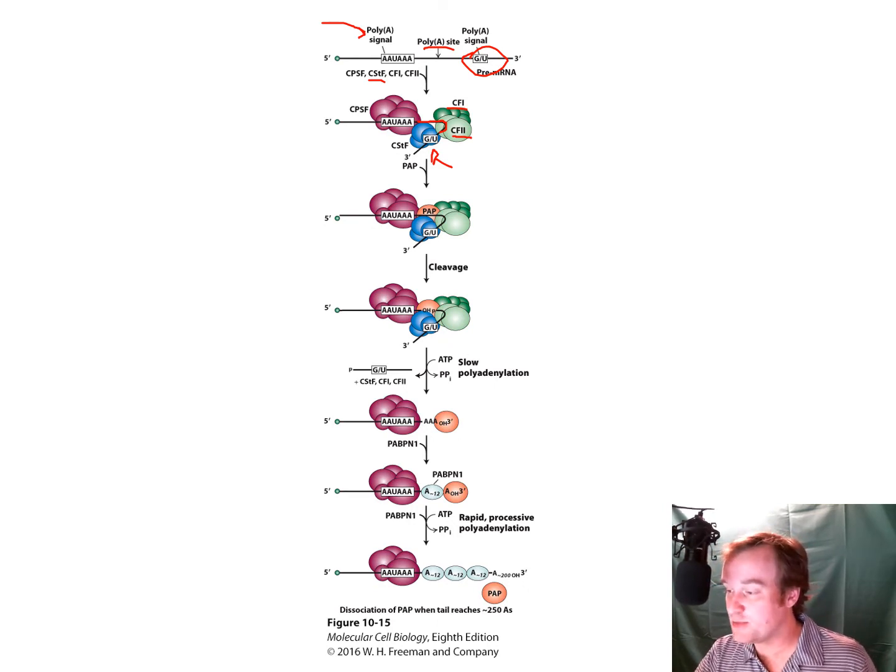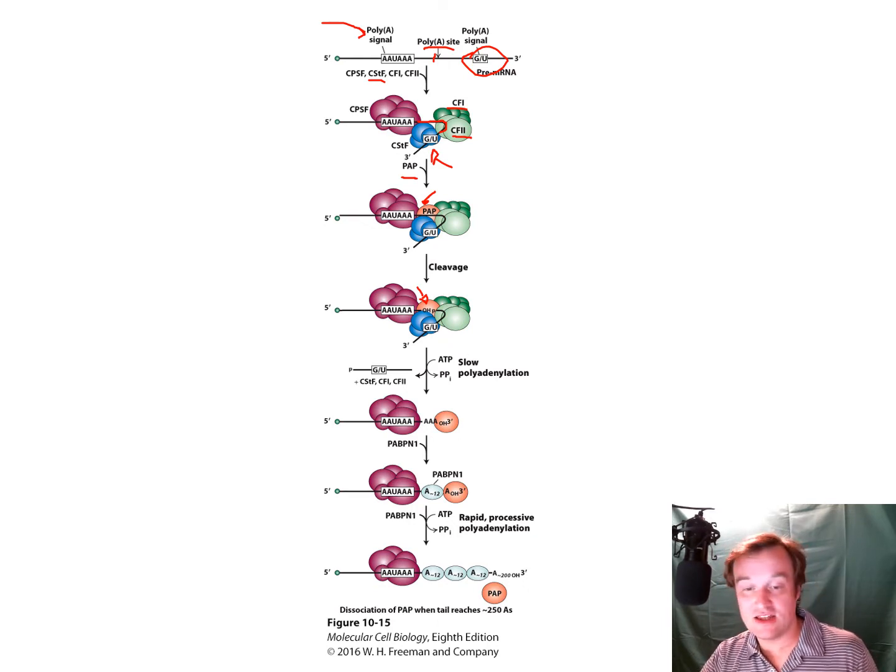At this next point here, PAP, which is poly A polymerase, comes in and fits kind of into the middle of these three complexes. And this stimulates the cleavage at that poly A cleavage site, which is right by the poly A site there. So as you can see here, we now have a phosphate and a hydroxyl group.